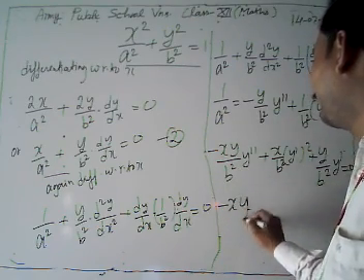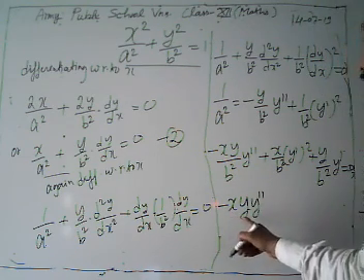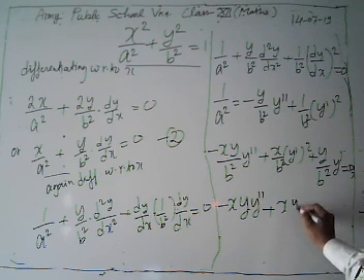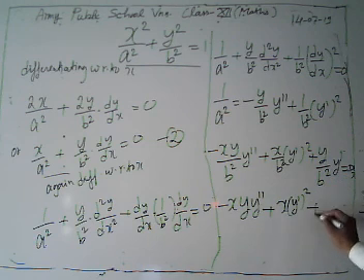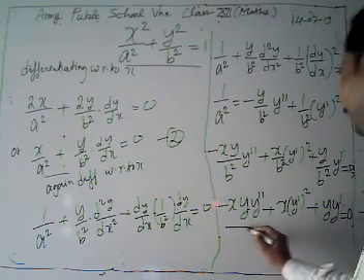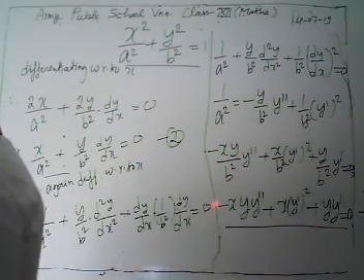Now finally we have minus x y y double dash, that is minus x y d2y dx2, plus x dy dx whole square plus y dy dx equal to 0. This is our required differential equation for the given curve.